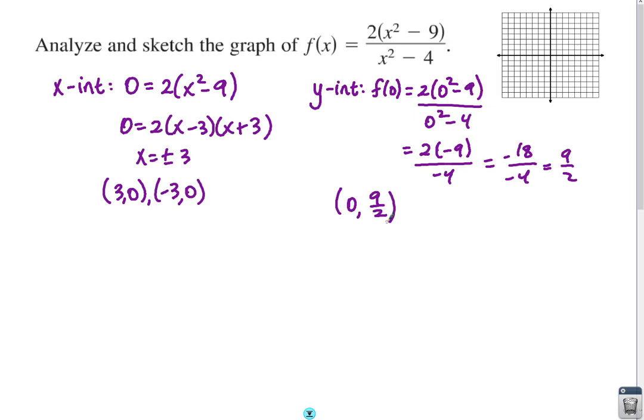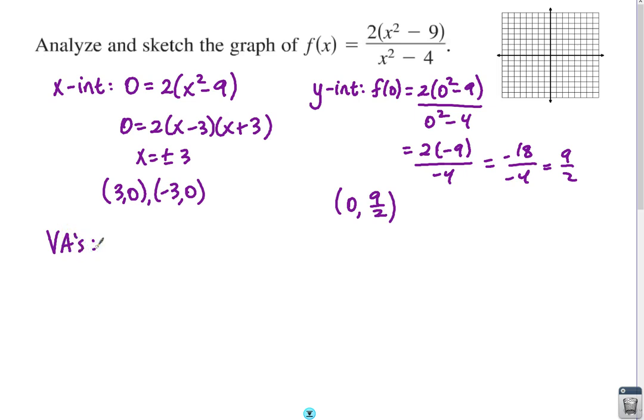The next thing I want to look at, we talked about this I think for the first time when you hit Algebra 2, and I know we touched on it again in Pre-Cal, are the horizontal and vertical asymptotes. You guys remember those? So since I already did x up here, let's do vertical asymptotes.